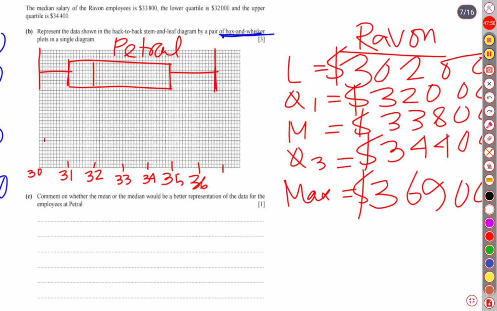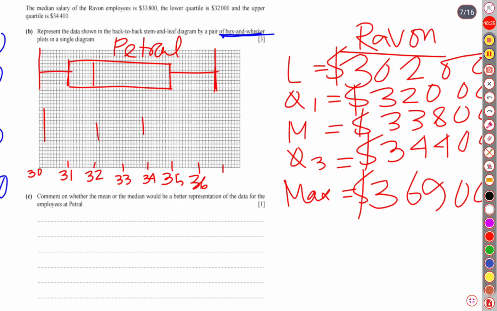So it was 30, so 30.2 may be over here. This is 30.2. After that, the lower quartile is 320. 320 is same actually in both cases. So this is 320. After that, 338 is the median. 338 means it is less than 34, so it is just over here.